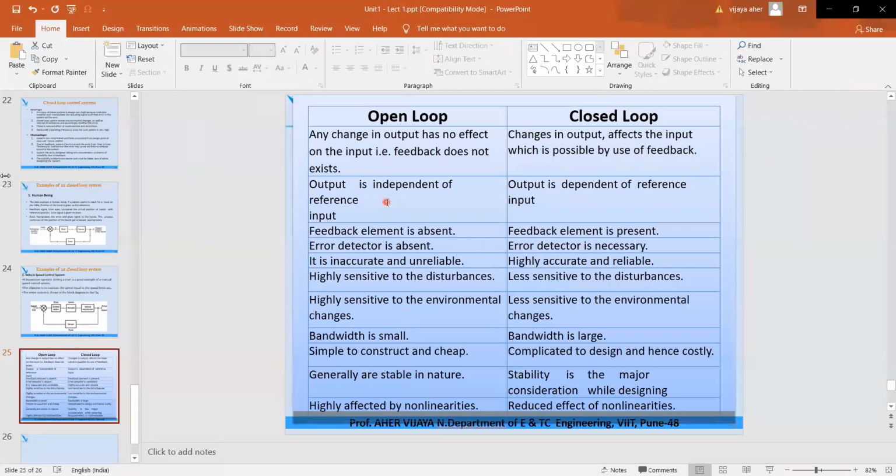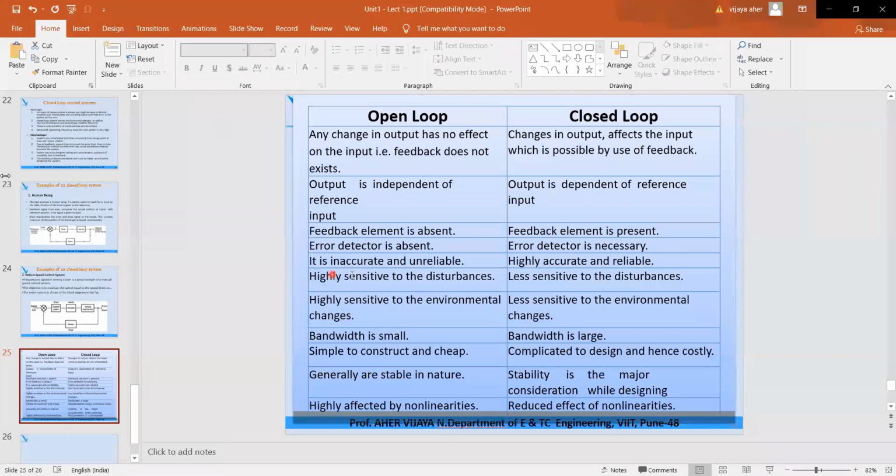Then second point, output is independent of the reference input. Here output is dependent on the reference input. Third point, feedback element is absent. Here the feedback element is present in a closed loop control system. Then in open loop, the error detector is absent. In closed loop, the error detector is necessary, or present. The error detector is nothing but your comparator.